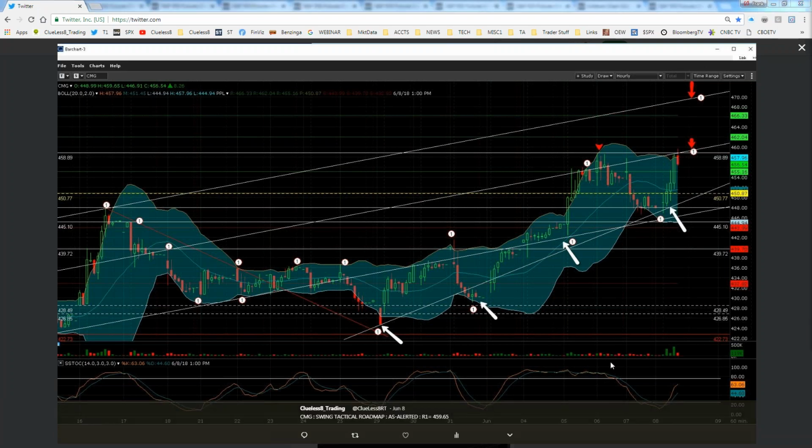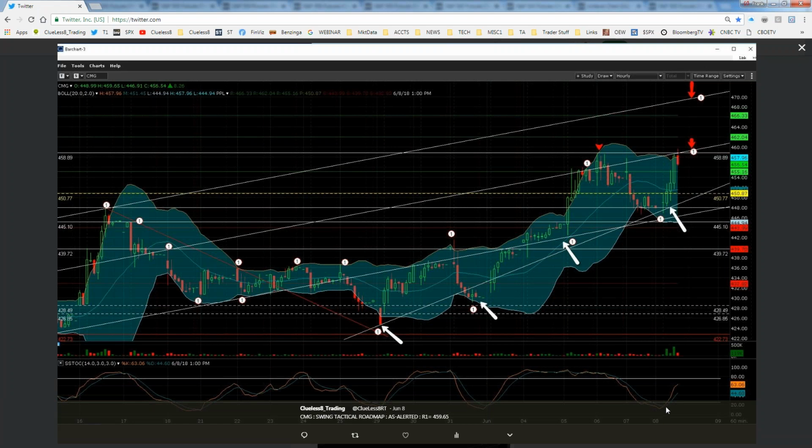But the simplest way is that I follow the stochastics, the movement and the sensitivity or elasticity of the stows, as I call it. This is the S-stow, which is the slow stochastics primarily, and I also use the fast stochastics. I don't know why the fast stochastic is not showing on this one, but still, the slow stow, when it gives you a signal, especially the crossover right at the bottom, I have consistently seen it work, and Mary Beth's been with us about 2 months now, and she's seen it in this short period of time.